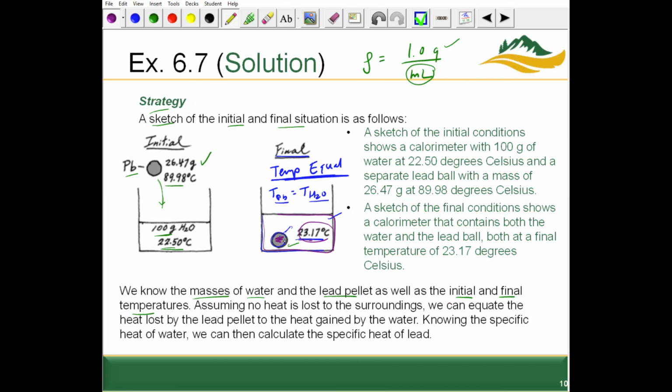That's when all of the heat has equilibrated and heat is no longer being actively transferred from the metal to the water or the water to the metal. There is still going to be some minor exchange of heat, but ultimately we're going to see that as an equilibrium. So no more net heat is exchanged either way. They end up at the same final temperature. We'll see how this helps us solve this problem.